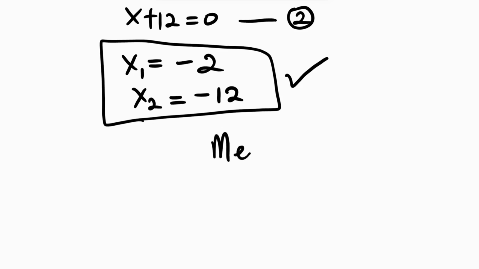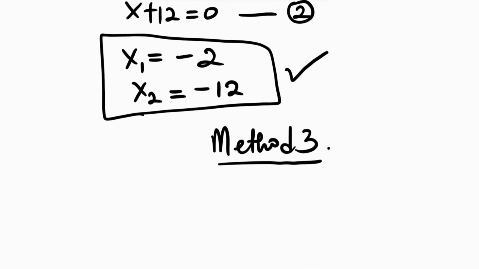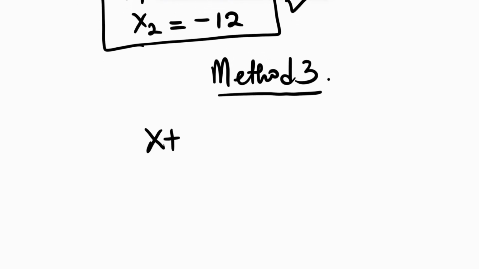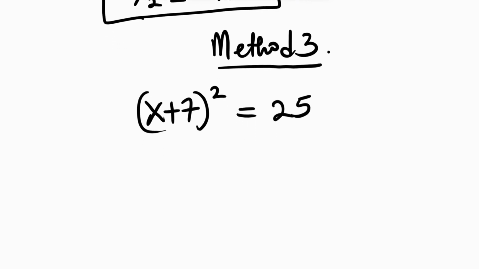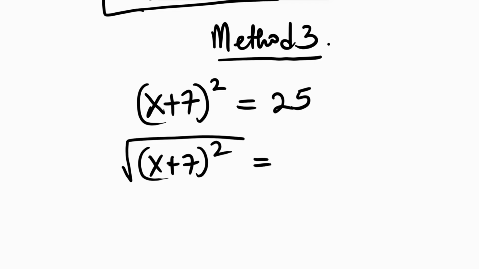So let us try the third method. Okay, so we have (x + 7)² = 25. Now, we can take the square root of both sides, and this becomes the square root of (x + 7)² equals the root of 25.